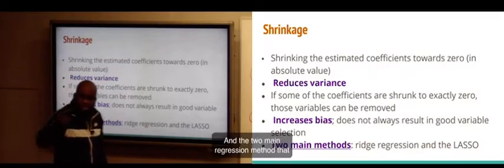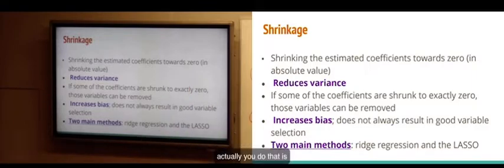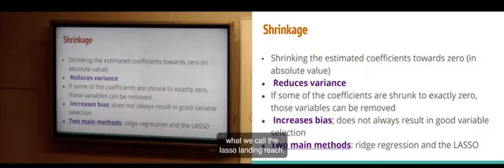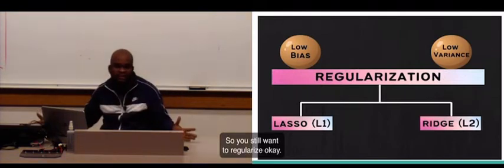The two main regression methods that do that are what we call the lasso and the ridge. So there are two types of regularization. The lasso is called L1, the ridge is called L2. Take a look at them. So this we want to regularize.